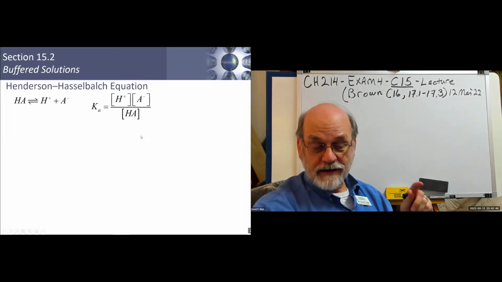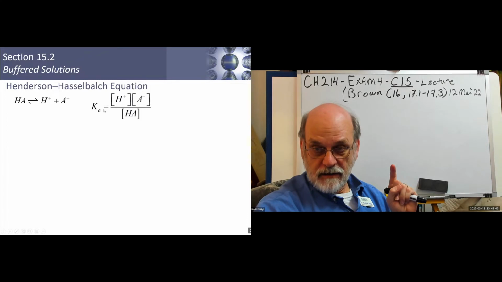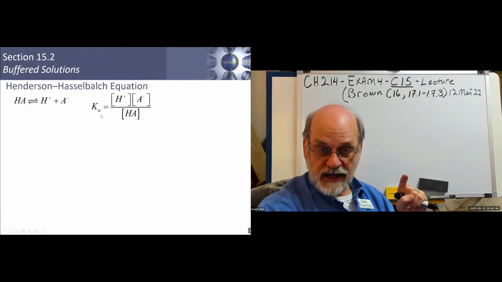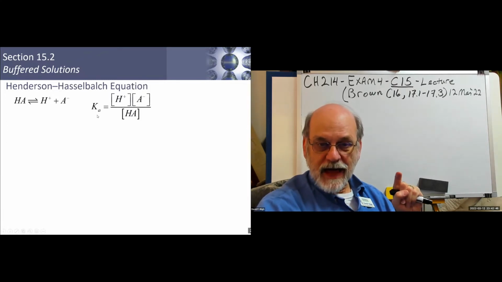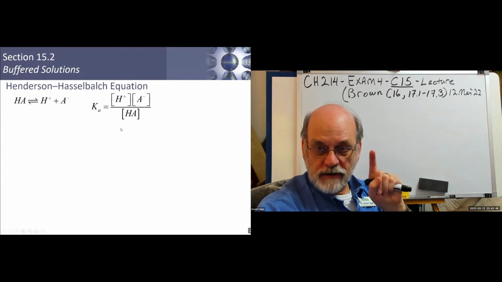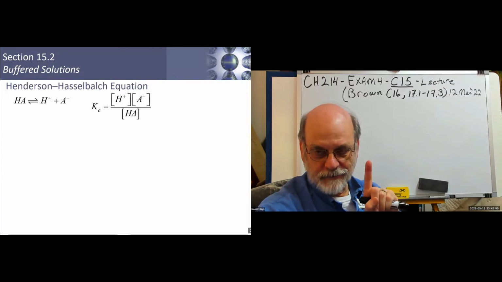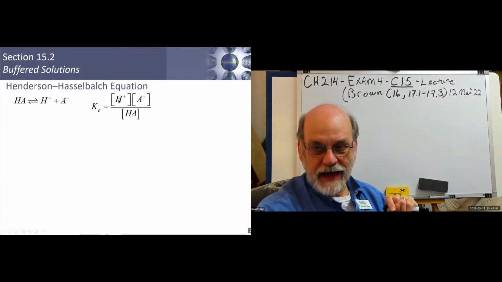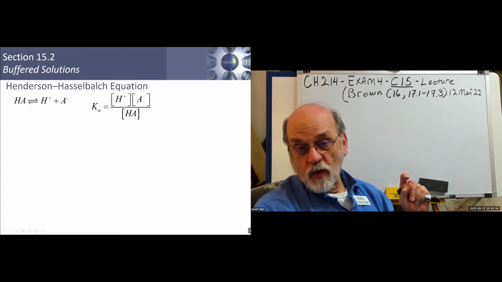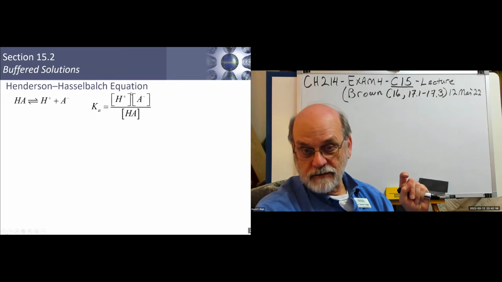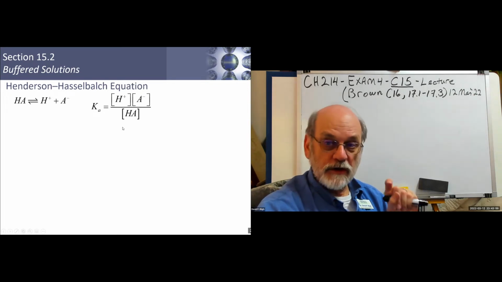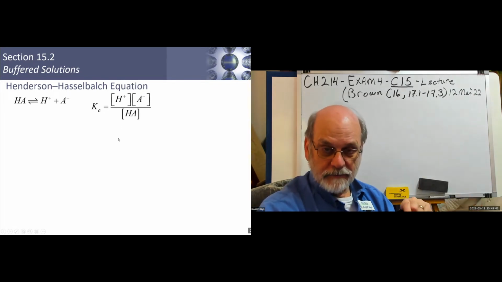And remember, anytime you write a K, an acid dissociation constant, Ka, it has to involve only the loss of one proton at a time. You won't have a power here on that one or that one, because you're only doing one at a time.